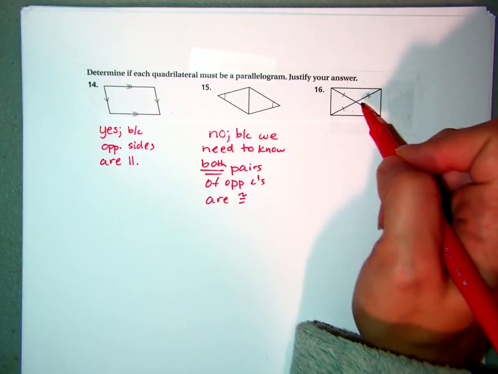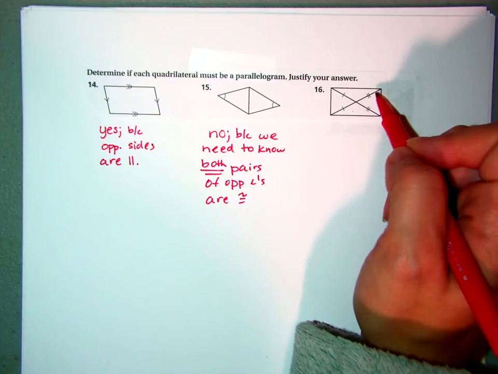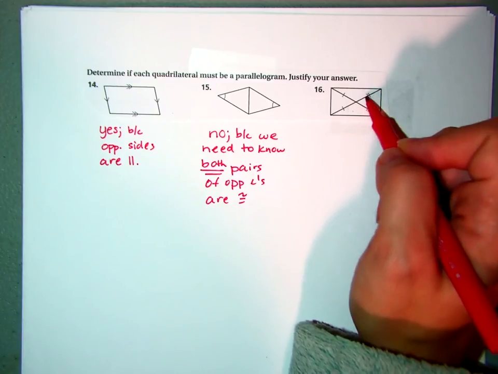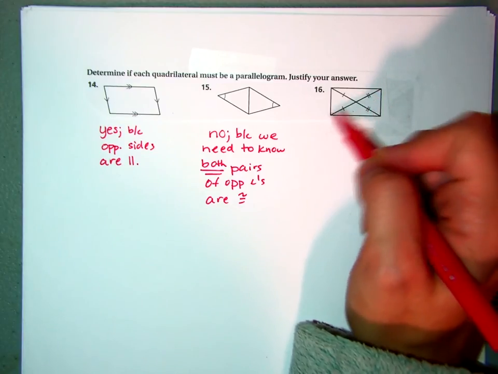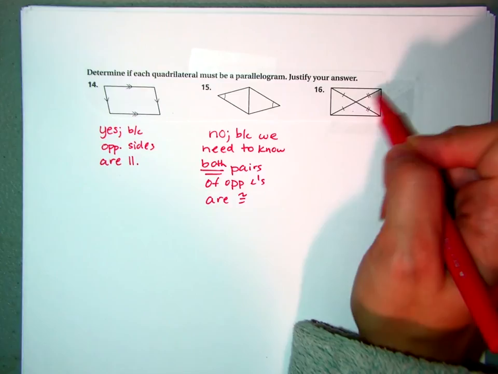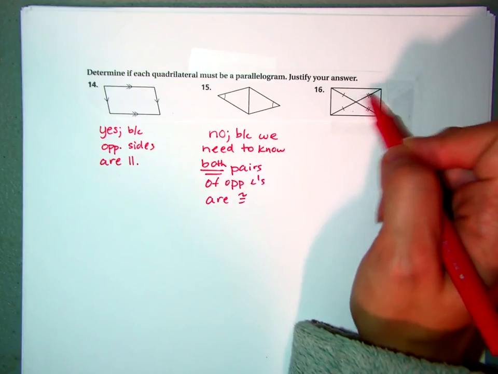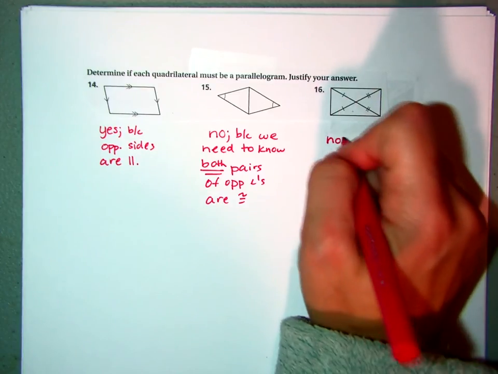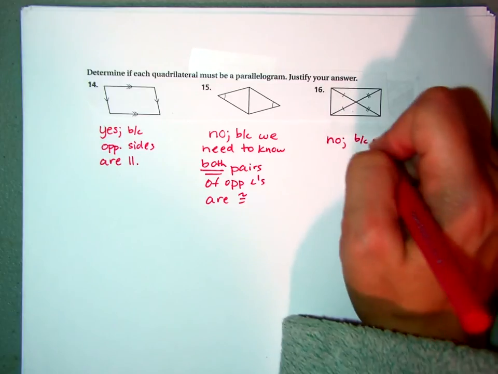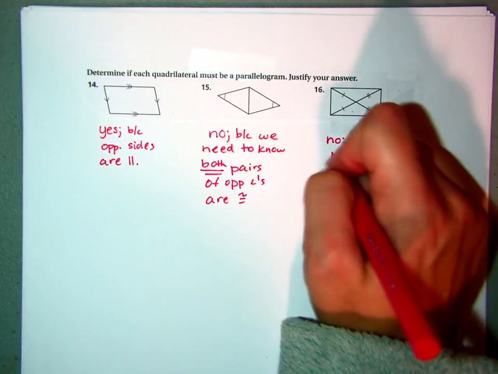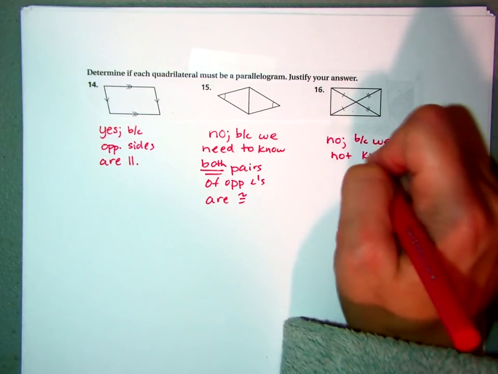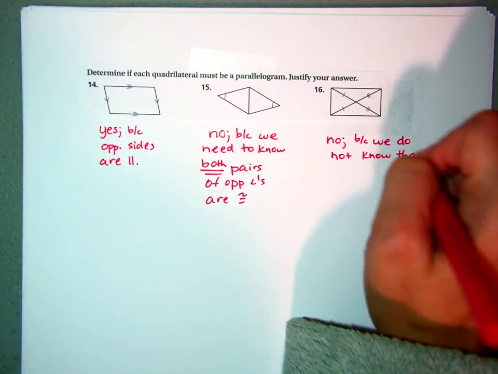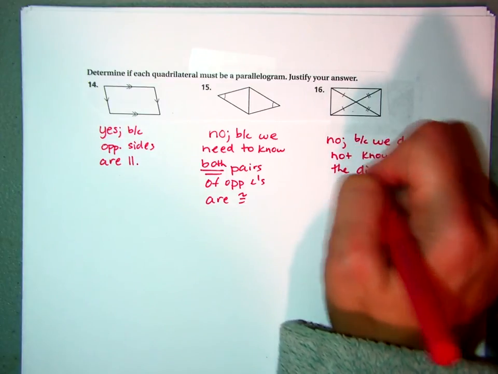So if you look a little bit more closely, for this to be a parallelogram, the diagonals would have to be bisected, meaning this segment has to be exactly the same as this segment, and these are telling me that these are two different lengths. So no, because we do not know that the diagonals are bisected.